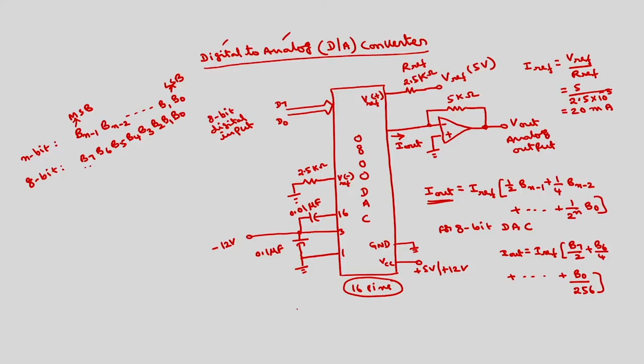If all the bits are 0 0 0 0, B7, B6, B5, B4, B3, B2, B1, B0. So what is I out? This is current output, this is digital input.